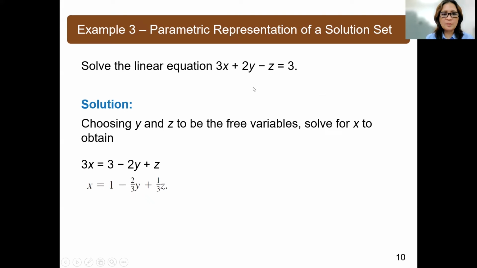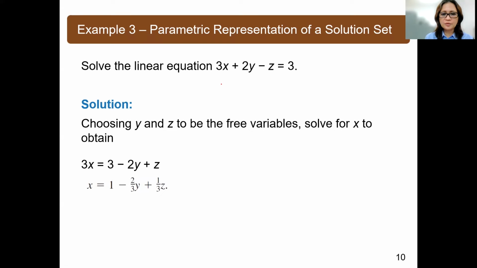Now, in example 3, we are going to have the parametric representation of a solution set. So we have here: solve the linear equation 3x plus 2y minus z equals 3. Now we only have one equation to solve for three unknowns.